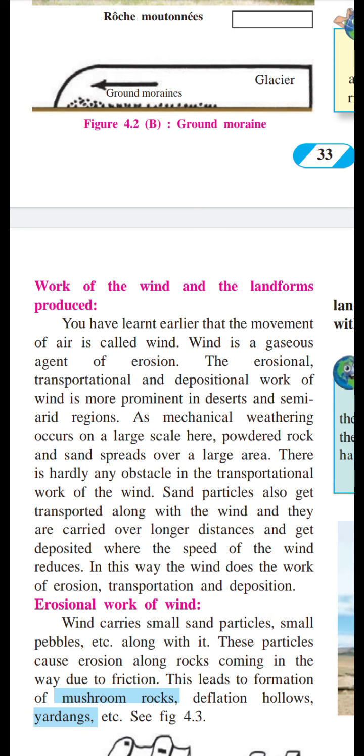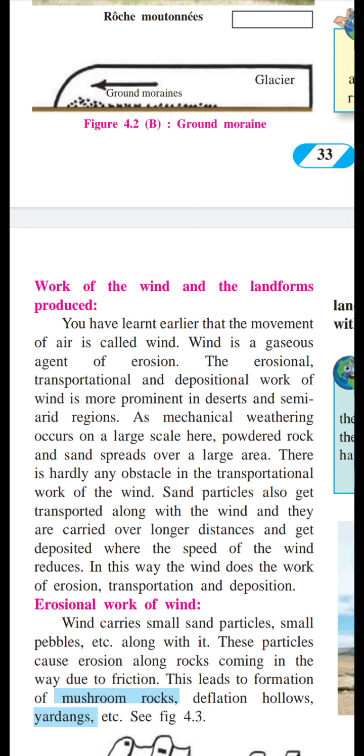Prominent means that it works in a great way in a desert area or semi-arid region where there is low rainfall. In that area, the wind's work creates landforms, as mechanical weathering occurs on a large scale here.